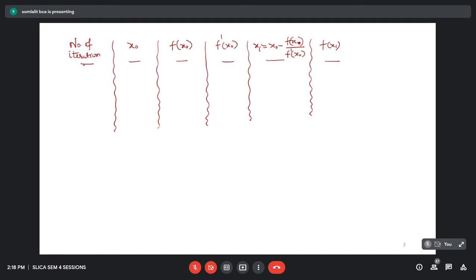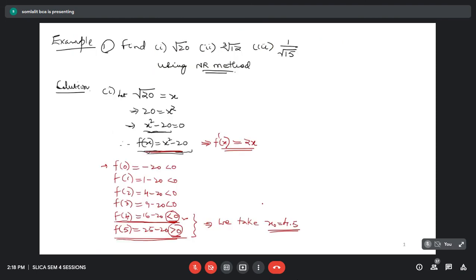Right? So in the first iteration, you need to help me. What are the values here? In the first iteration, x0 is 4.5. That's what we have chosen here. What is x0? 4.5 here. Put it into the function. What's the function here? x square minus 20. This is the function. You put it into the function. Find the value.